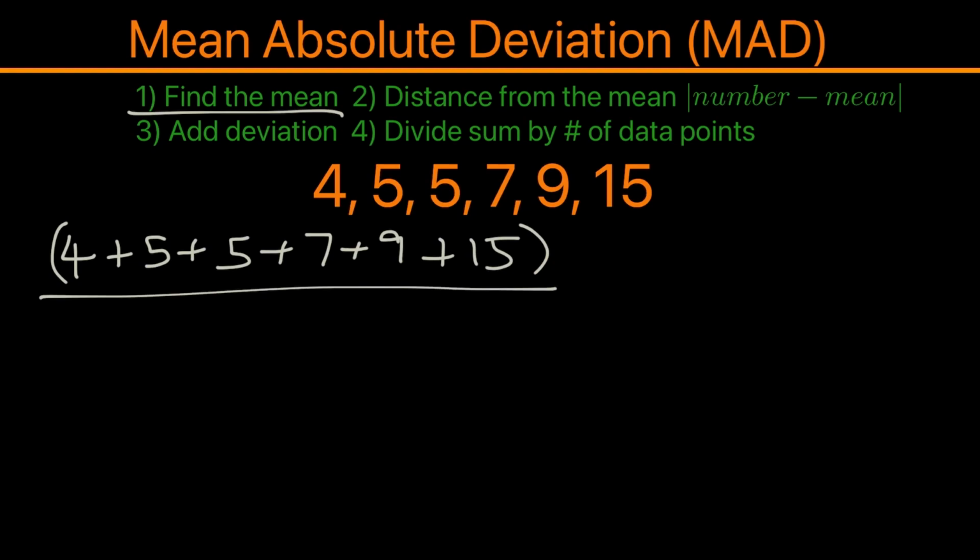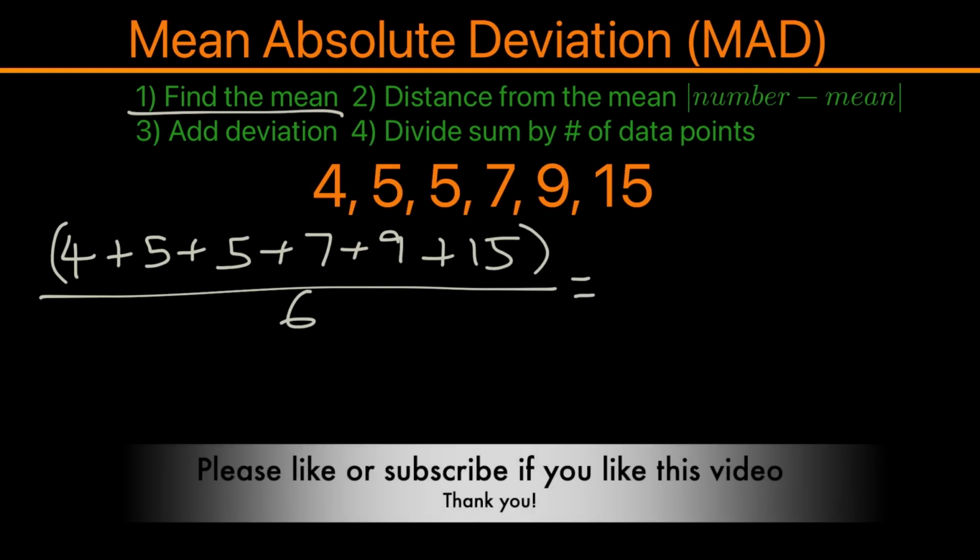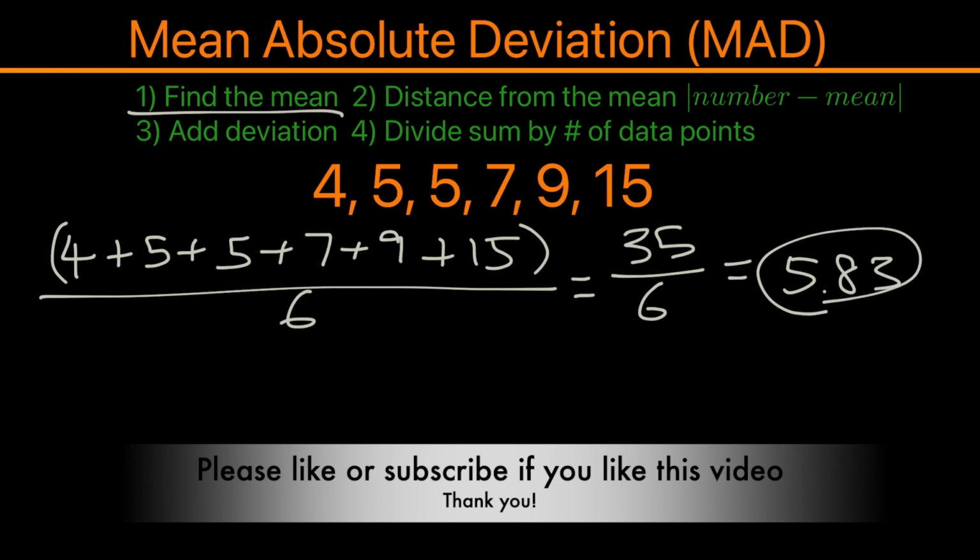Then we want to divide by the count of the numbers. So there's a total of 6, so we'll put 6 as the denominator. After we add up the numbers, we will have 35 as the numerator and 6 as the denominator. And punching that in the calculator, we would get 5.83 as the mean.